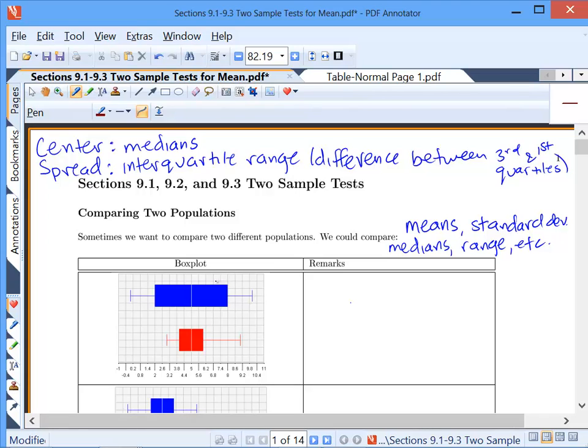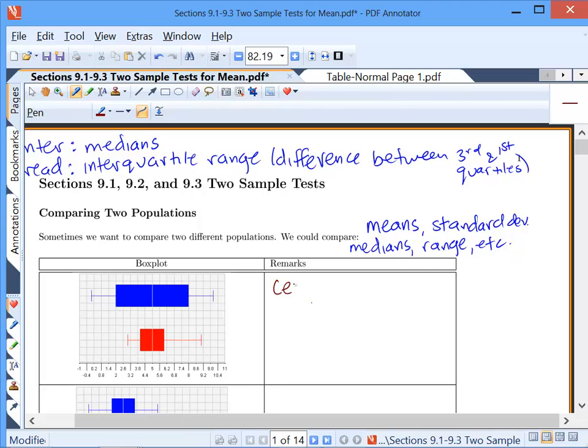So when you look at these first two box plots, how do their centers compare? Same. The centers are the same. What about the spread or the interquartile range?